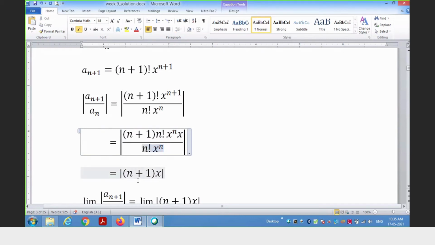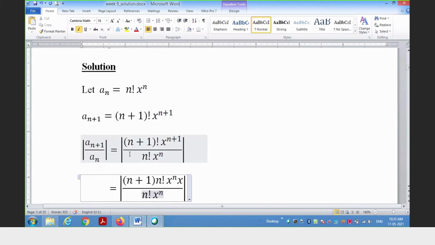So what's left is n plus 1 times x. So the absolute value of the ratio a_(n+1) over a_n is the absolute value of (n+1) times x.